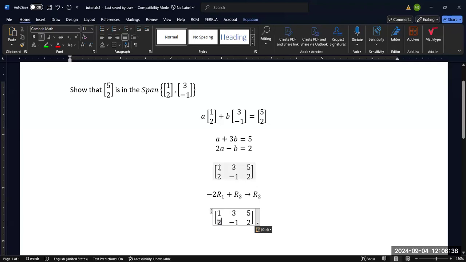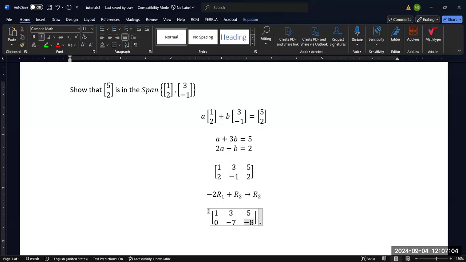-2 times 1 is -2 plus 2 is going to give me 0. -2 times 3 is going to give me -6. Add that to -1, I'm going to get -7. -2 times 5 is going to give me -10. Add that to this one, and I'm going to get -8.